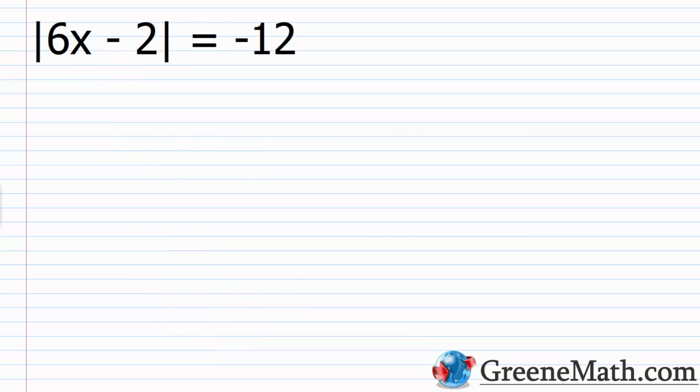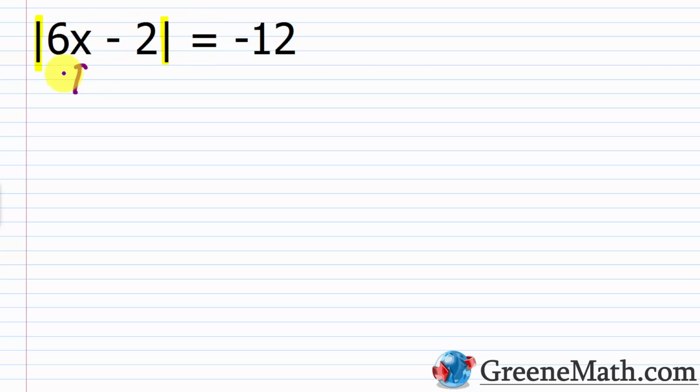All right, last special case scenario is if the absolute value operation is isolated and it's equal to some negative value, there's no solution, okay? And the reason for that is the absolute value operation takes a negative and makes it positive, takes 0 and spits out 0, takes a positive and spits out the positive, okay? So you can't plug in anything for x here and then multiply it by 6, subtract away 2, right?